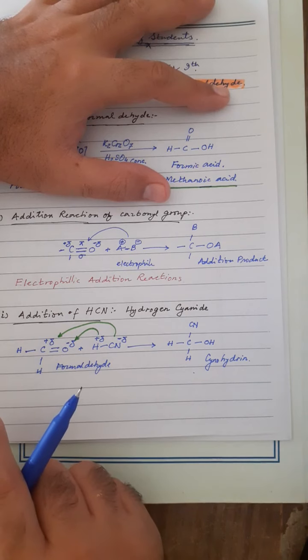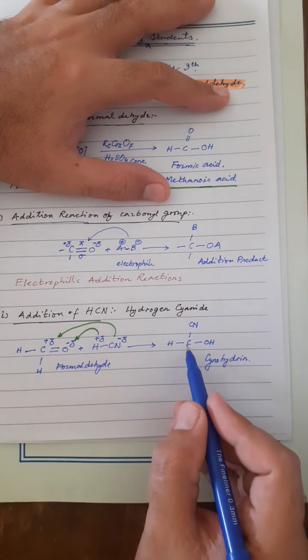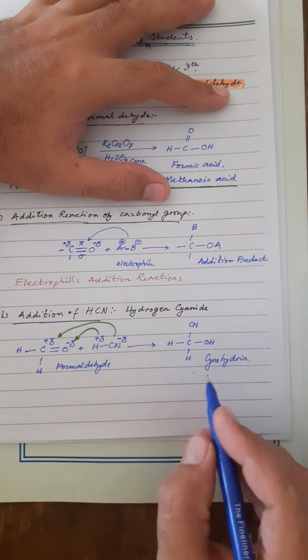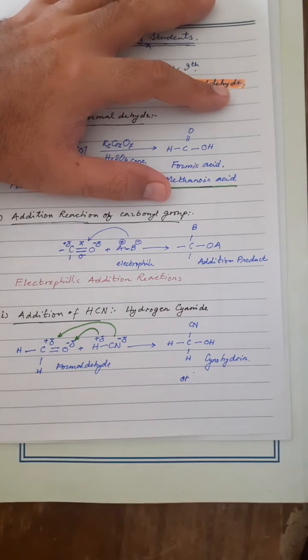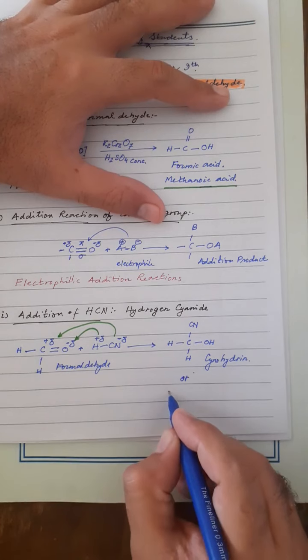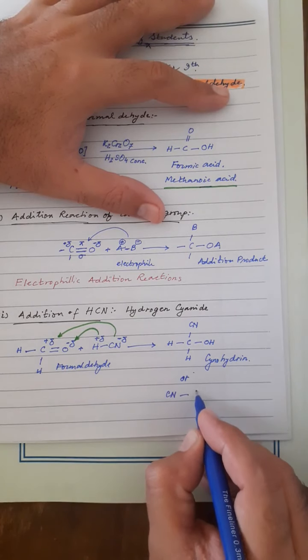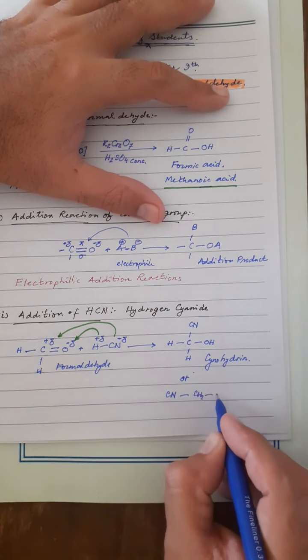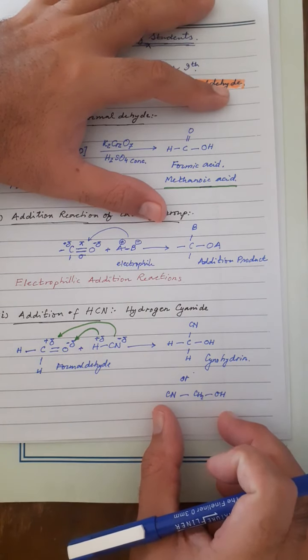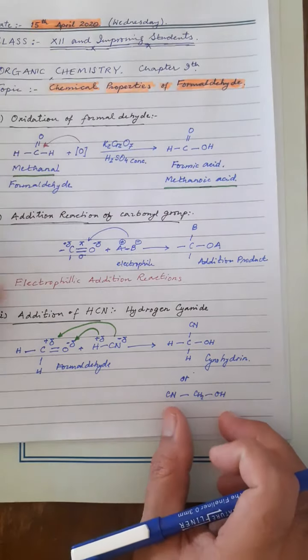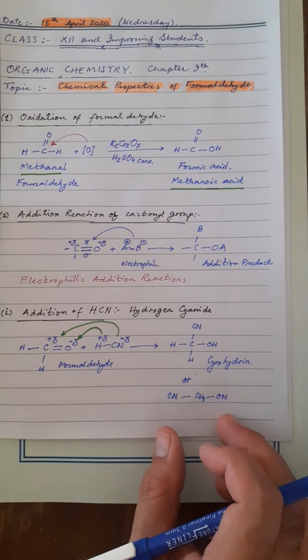Alright, I hope you get this. You can write CH2 also here. So if you want to know any other method of writing this, it's a cyano group bonded to CH2 and CH2 bonded to OH. This is cyanohydrin. Alright, so this is the first addition reaction in the formaldehyde.